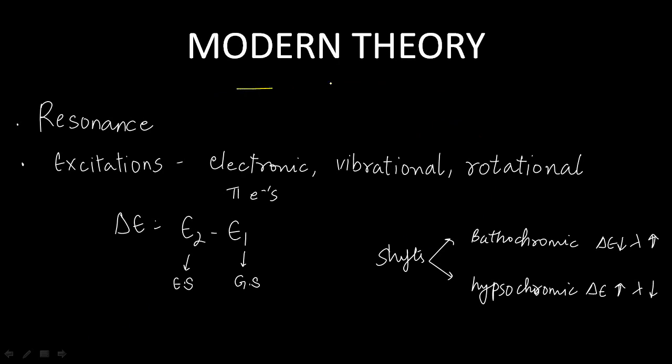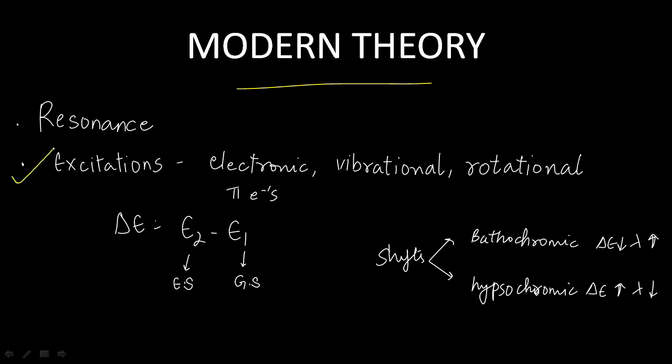And then we have the modern theory. Dyes have a resonating system, so there is continuous bond making and breaking, a change in structure, as a result of which, when a dye absorbs light, it undergoes excitations.